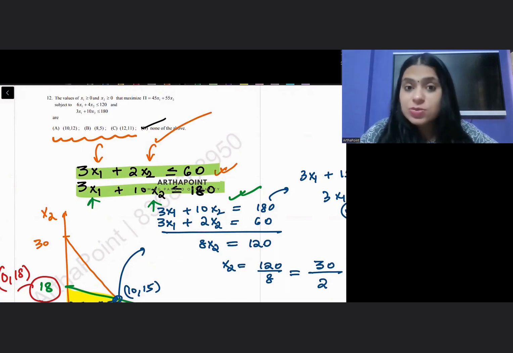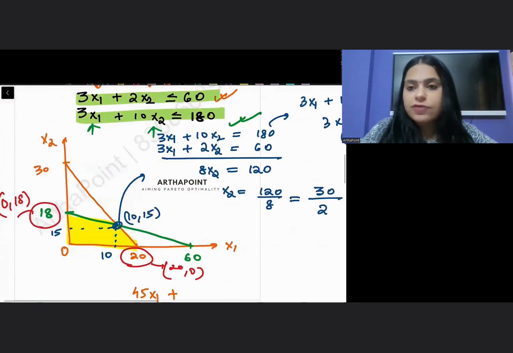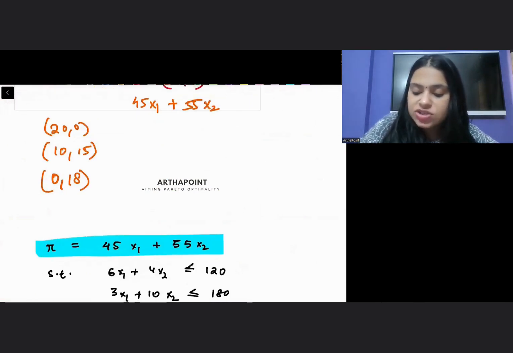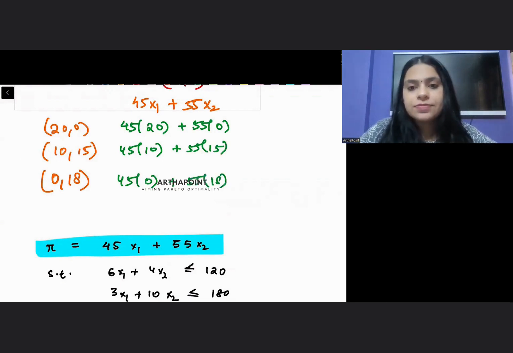But suppose these points were present as part of the options. Your function was 45x1 plus 55x2. So you could have just plugged in 45 into 20 plus 55 into 0, 45 into 10 plus 55 into 15, and 45 into 0 plus 55 into 18. This would have given you 900.